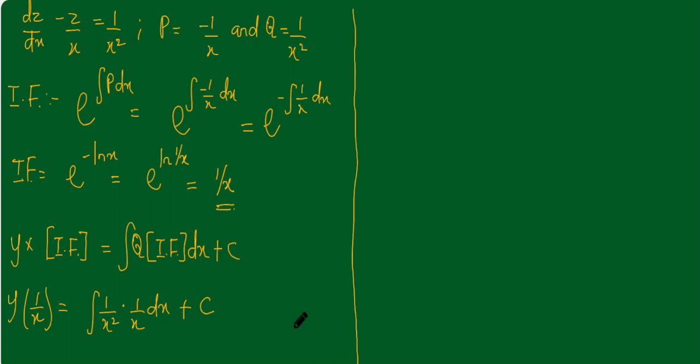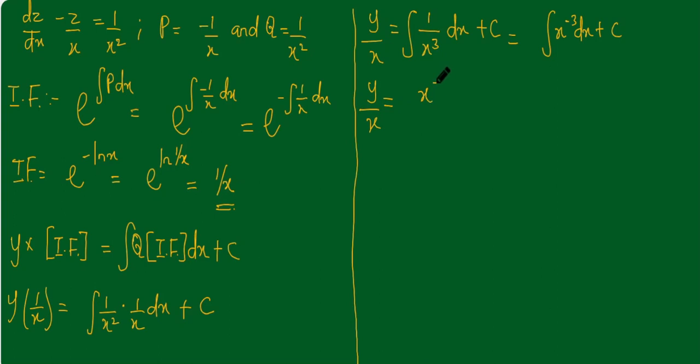So we have y divided by x is equal to the integral of 1 divided by x cubed with respect to x plus c. And this gives us integral of x raised to power minus 3 with respect to x plus c. So y divided by x now becomes x raised to power minus 2 divided by minus 2 plus c.